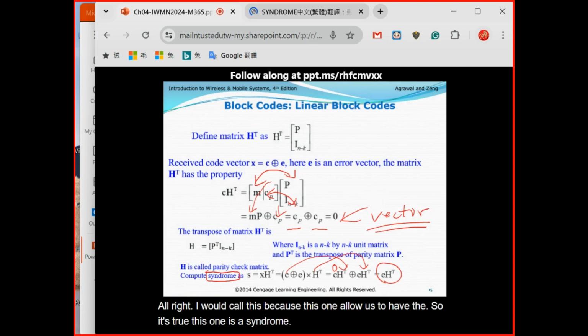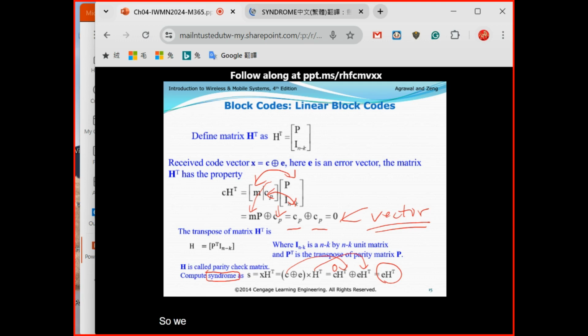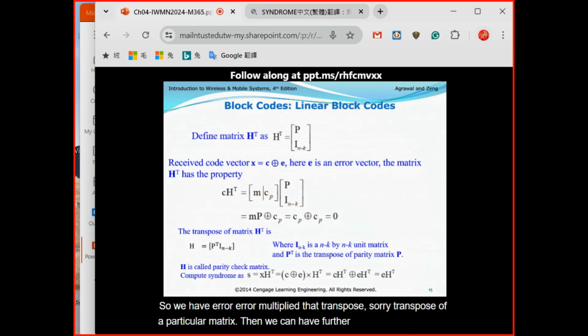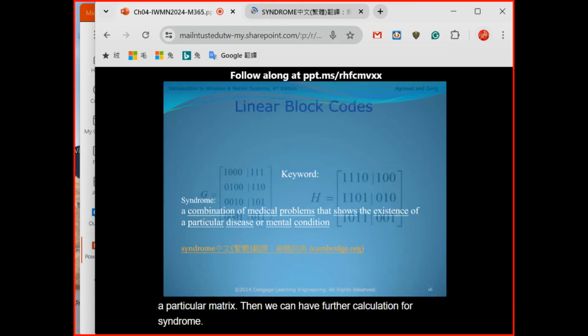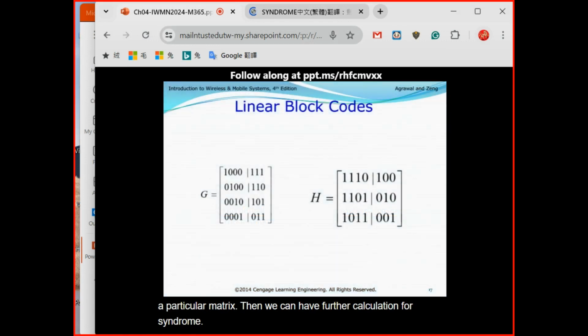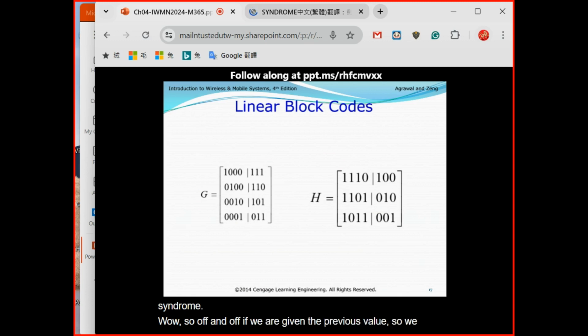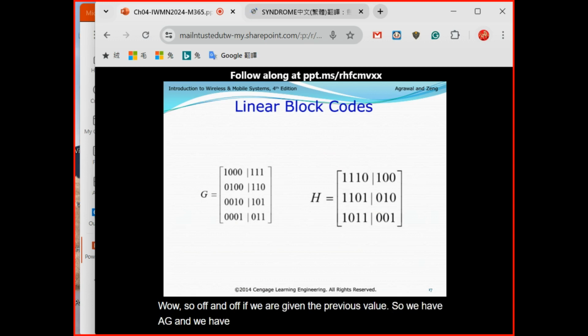So we have the error multiplied by the transpose of the partition matrix, and then we can calculate the syndrome. Now, if we are given the previous values, we have G and we have H, serving as known information.